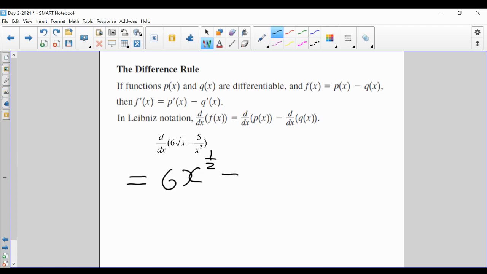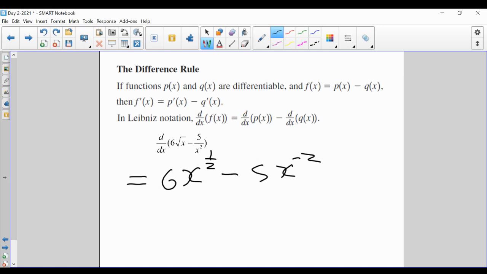And then I'm going to say minus 5x. Instead of 5 over x squared, I'm just going to say x to the minus 2. So I'm trying to write these things. Thank you, Tamalea. Thank you, everybody who gave me those exponents of a half. I'm trying to write these things so they have exponents, because when they have exponents, it's easier for me to come up with the derivative.